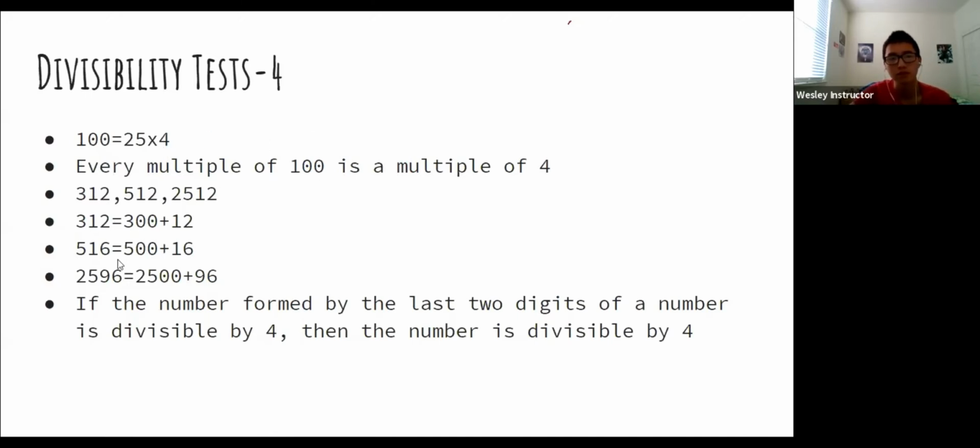So the first number will always be a multiple of 4, and all we have to do is focus on the last 2 digits. Okay, so we're not adding the last 2 digits. We're just taking them apart from the number. For 312, we're not adding 1 and 2. The last 2 digits are 12.